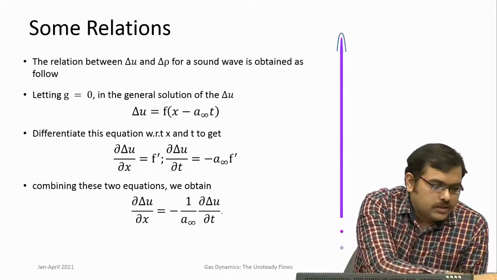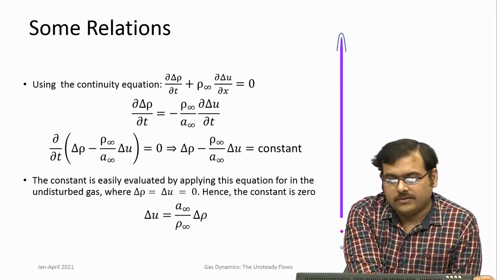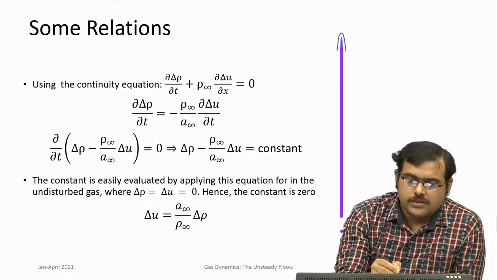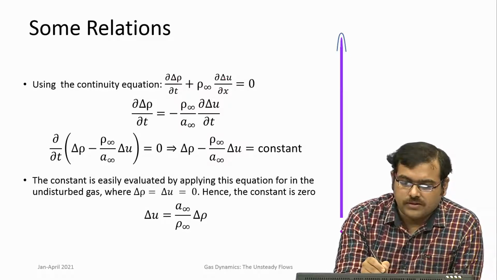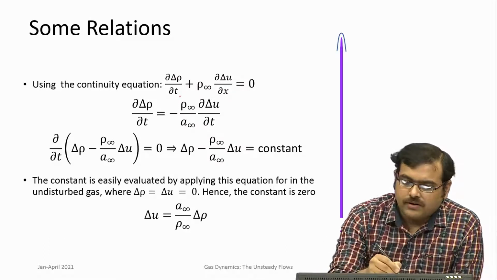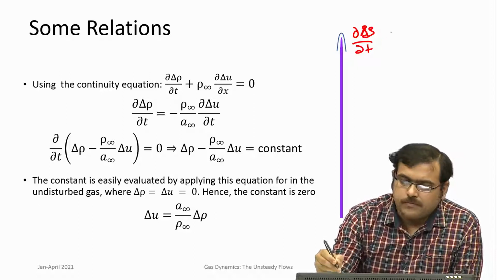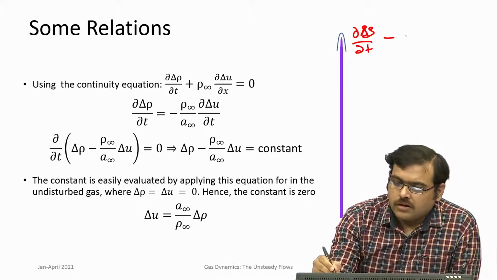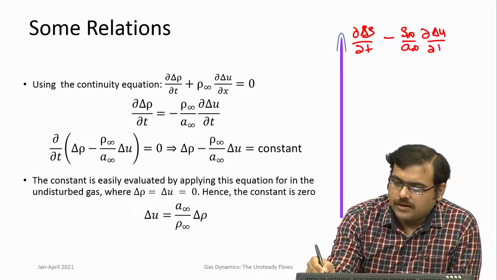Now this can be combined with the continuity equation. The continuity equation is dou delta rho by dou t plus rho infinity dou delta u by dou x. From the previous equation, you can write this as dou delta rho by dou t minus rho infinity by a infinity dou delta u by dou t.